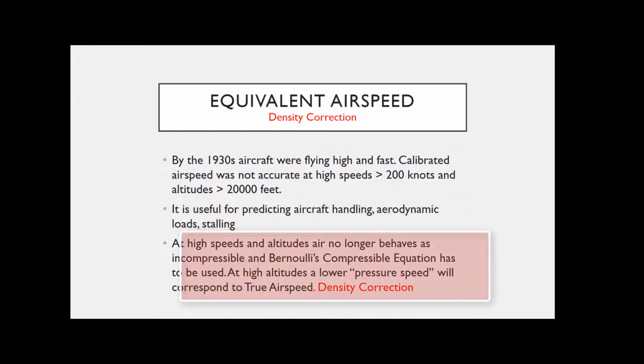At high speeds and altitudes, air no longer behaves as incompressible, and Bernoulli's compressible equation was to be used. At high altitudes, a lower pressure speed will correspond to true airspeed. This amounted to a density correction.